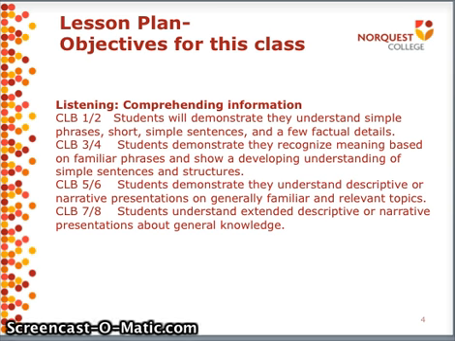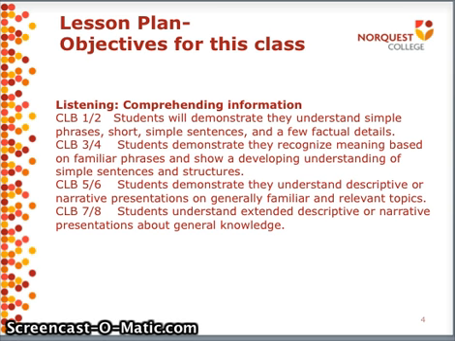You'll also remember that I mentioned my students in this class are CLB 2 to CLB 6. However, there are students in the class that are working at CLB 7 and 8 in terms of their listening and speaking. So I do want to make sure that I include some objectives for them to still show growth and be able to work on those skills as well.